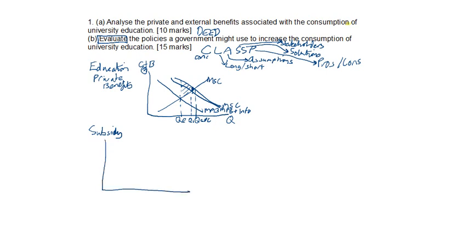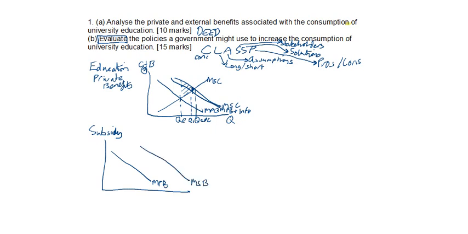First of all, we could do another externality diagram. So where we've got our marginal private benefit is lower than our marginal social benefit.